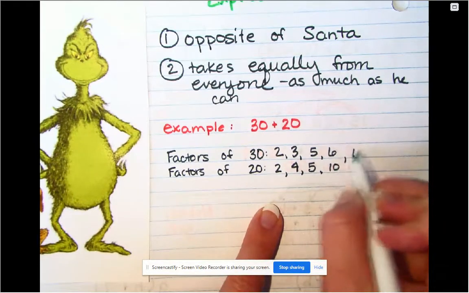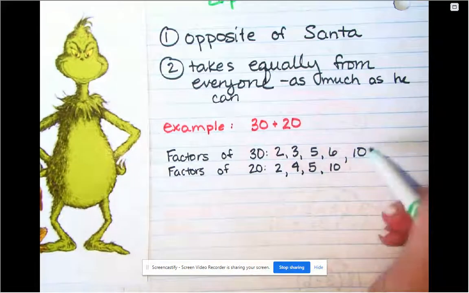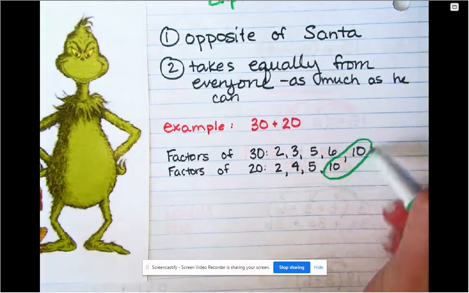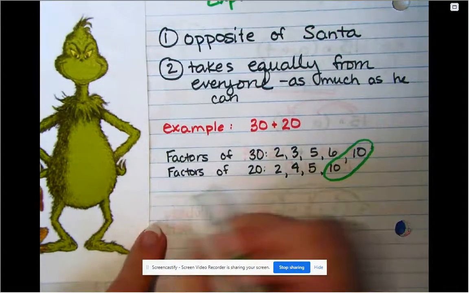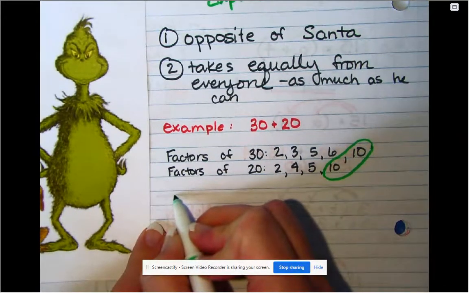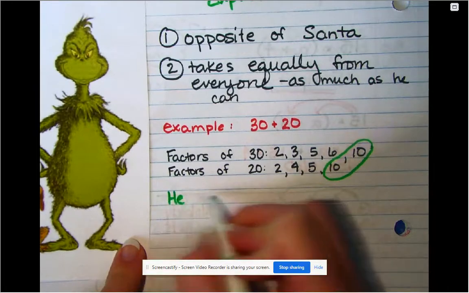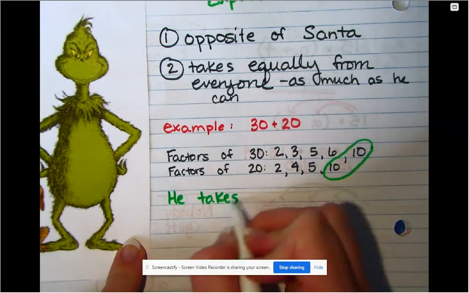They both have 10. So the greatest common factor of these two numbers is 10. So that's what the Grinch is going to take. He's going to take a factor of 10 from both numbers.